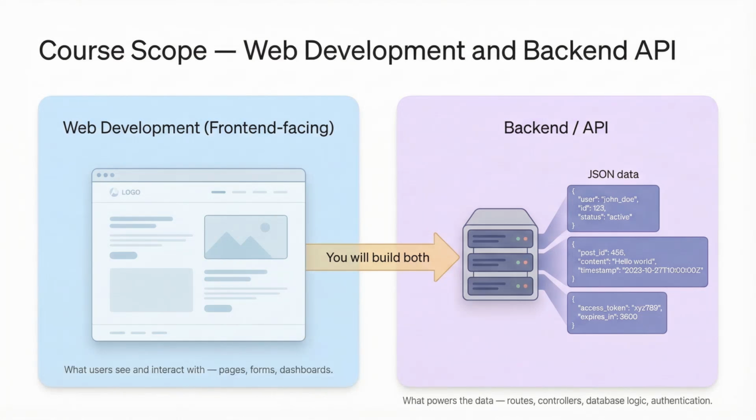Web development in this context means the actual pages users interact with, the storefront, the vendor dashboard, the admin panel. The back-end API side means the logic underneath, how data is stored and retrieved, how authentication works, how orders are processed. Together, these two layers form a complete application, and mastering both is what makes you a full-stack developer.